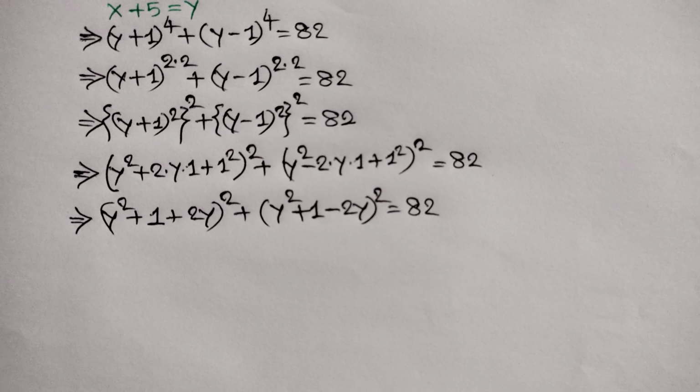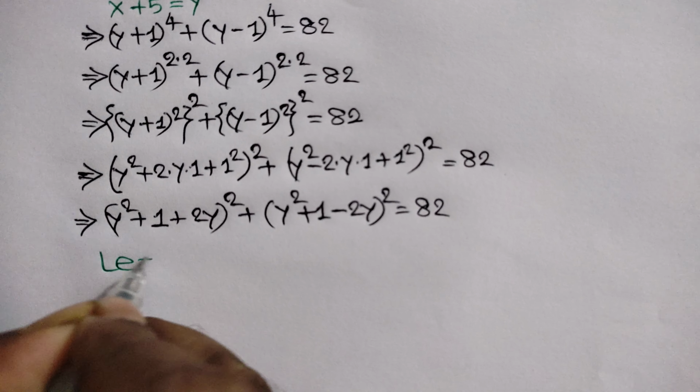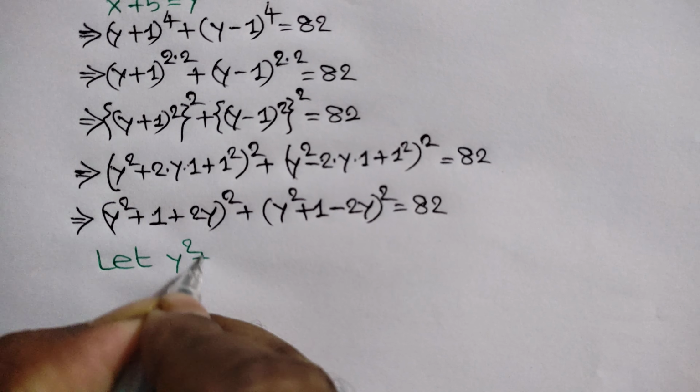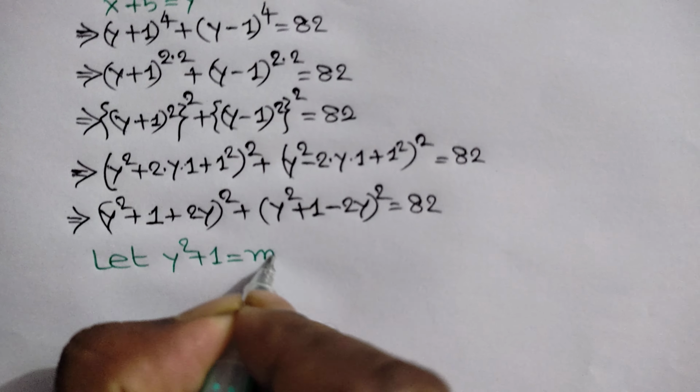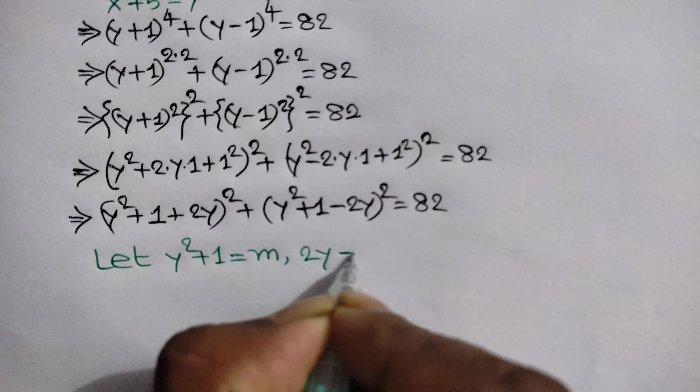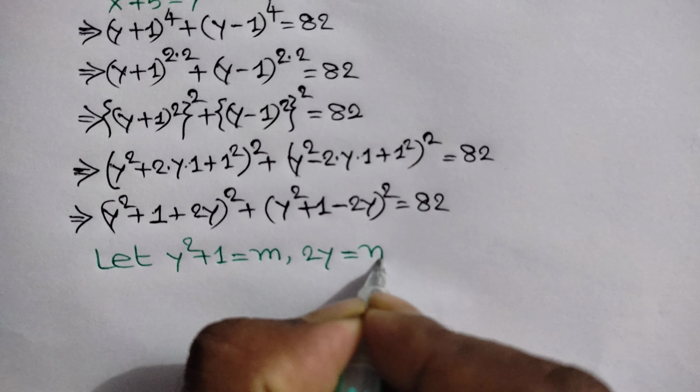Now again let y^2 + 1 is equal to m and twice y is equal to n. So here we will get (m + n)^2 + (m - n)^2 is equal to 82.